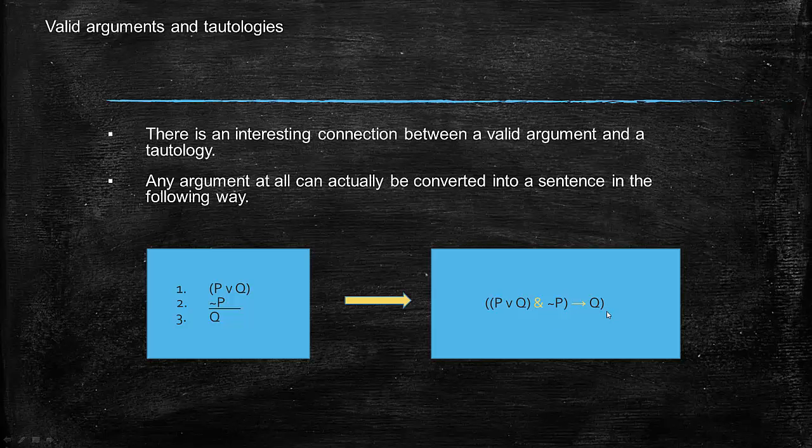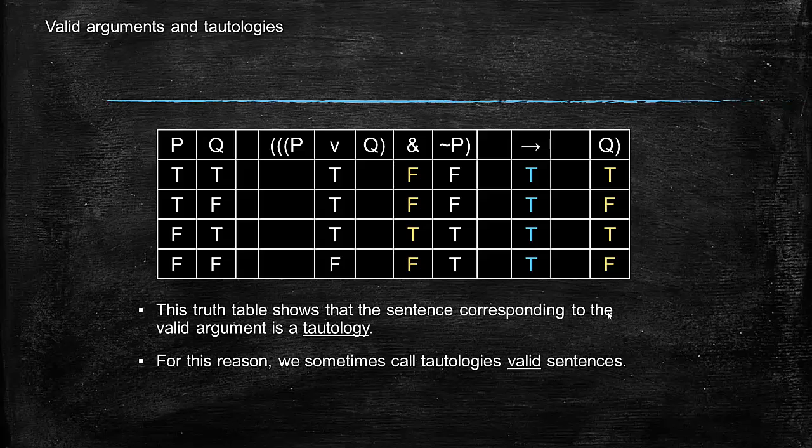Now what happens if you take that sentence and put it into a truth table? If you work this truth table out, what you find is that all of the values under the main connective, which is the conditional, are true. True, true, true, and true. And for practice, you should go ahead and make sure that's all correct.